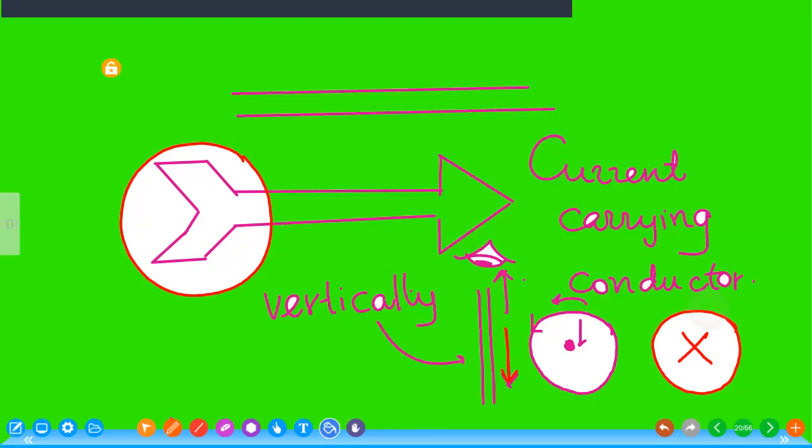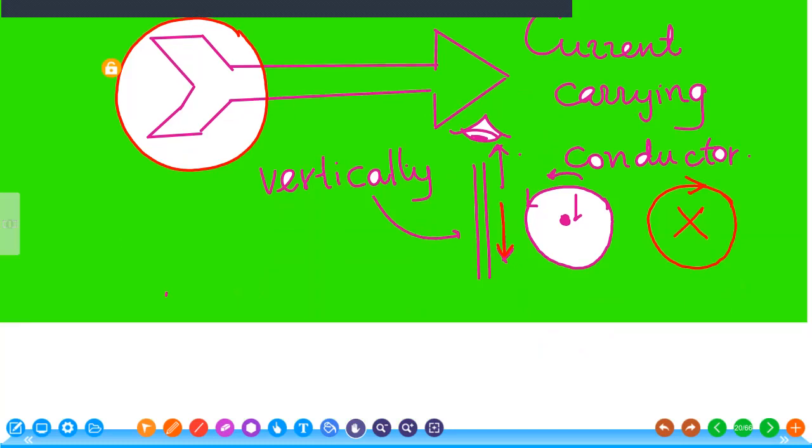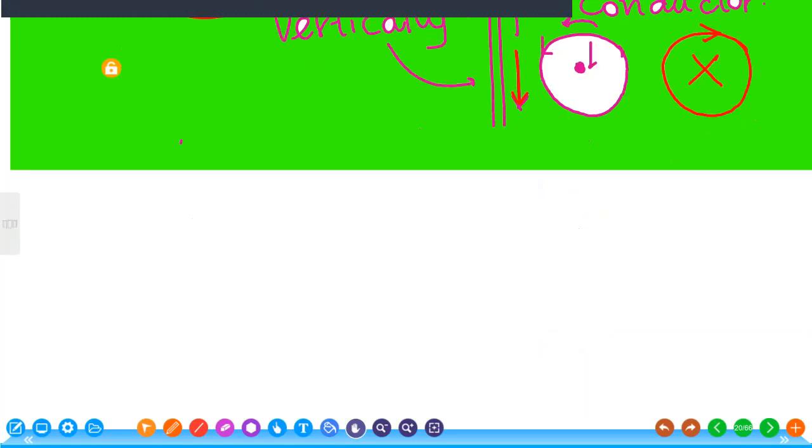Therefore, you may get a certain direction here for the magnetic field. It is clockwise here, right? Then you get a clockwise magnetic field. In a simple way, you can understand the concept now.